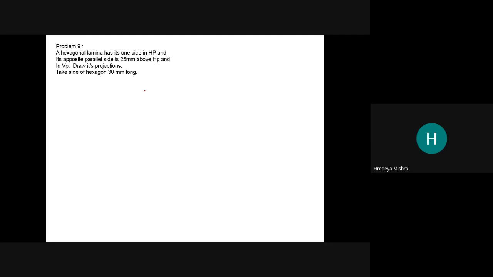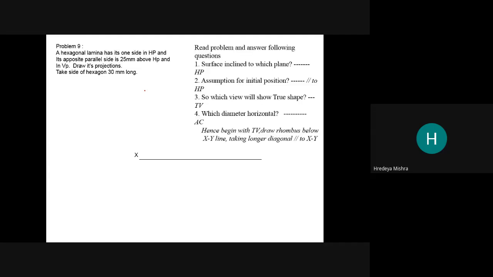Now what is the consideration? You must follow these considerations. The surface is parallel to the HP, so the top view gives us the true shape, in which the diameter AC is horizontal because it's given.